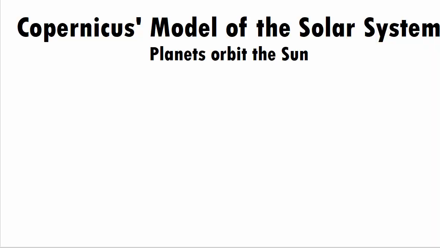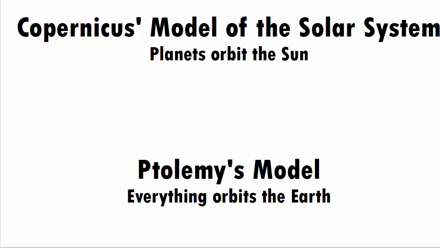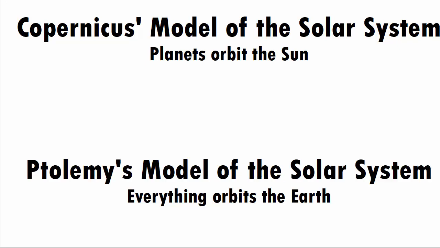In Copernicus's model of the solar system, the planets orbit the sun. But prior to this, people thought that everything orbited the Earth. This is known as Ptolemy's model of the solar system. In his name, the P is silent. In Ptolemy's model of the solar system, everything orbits the Earth.